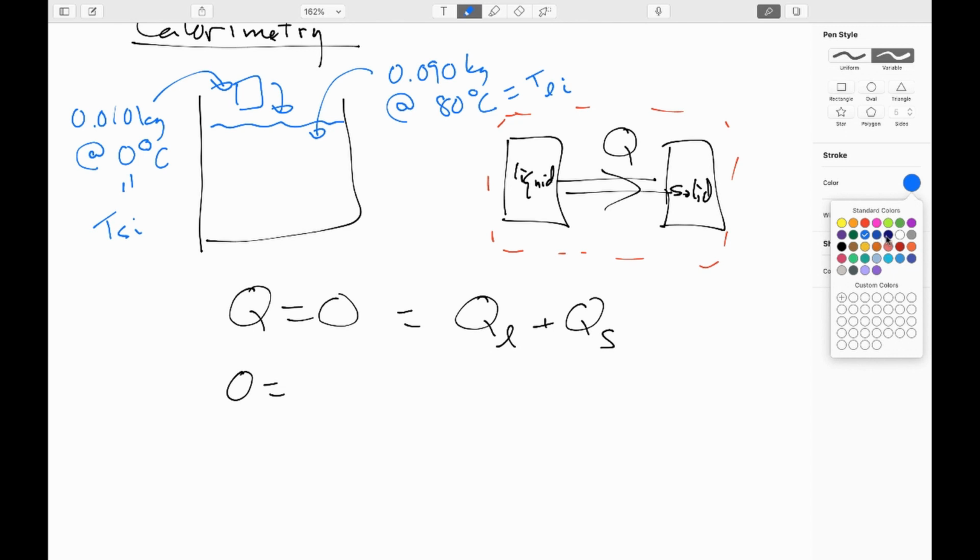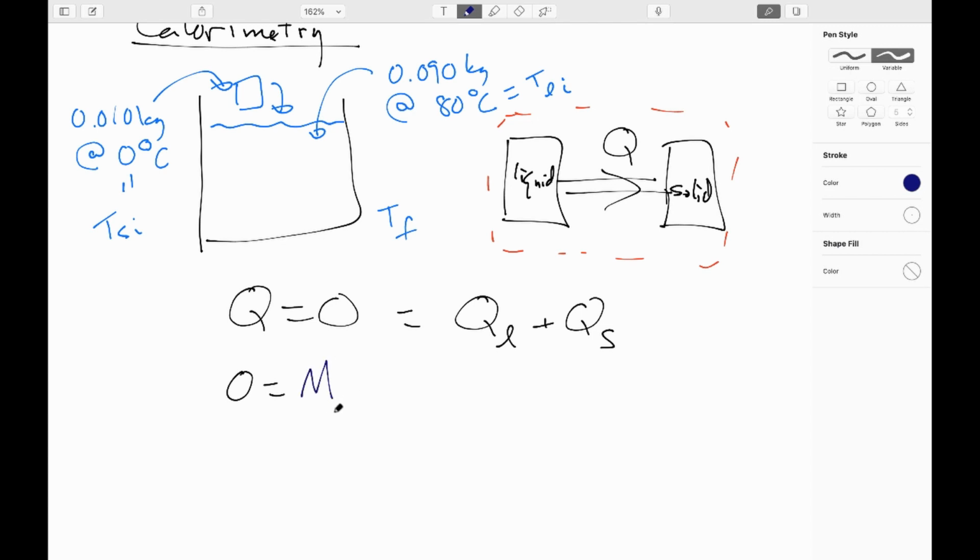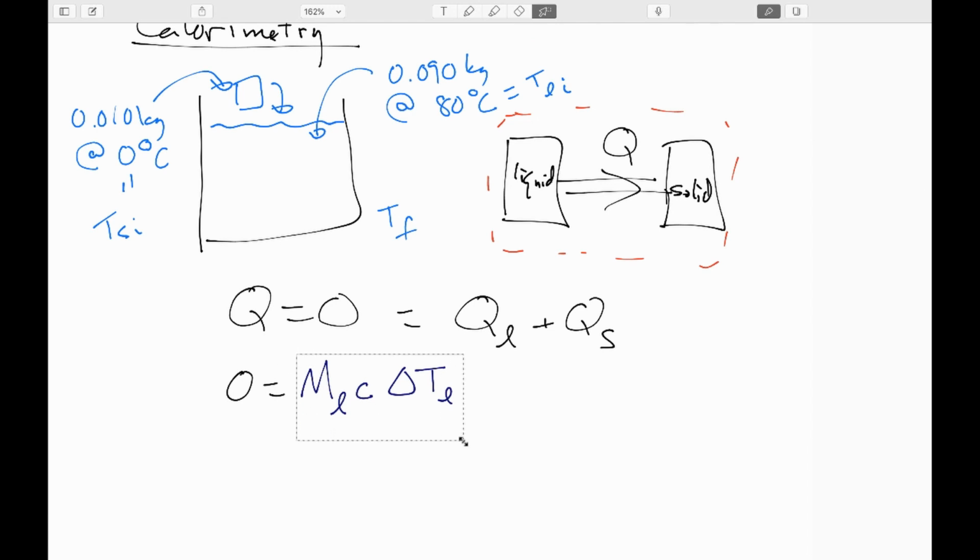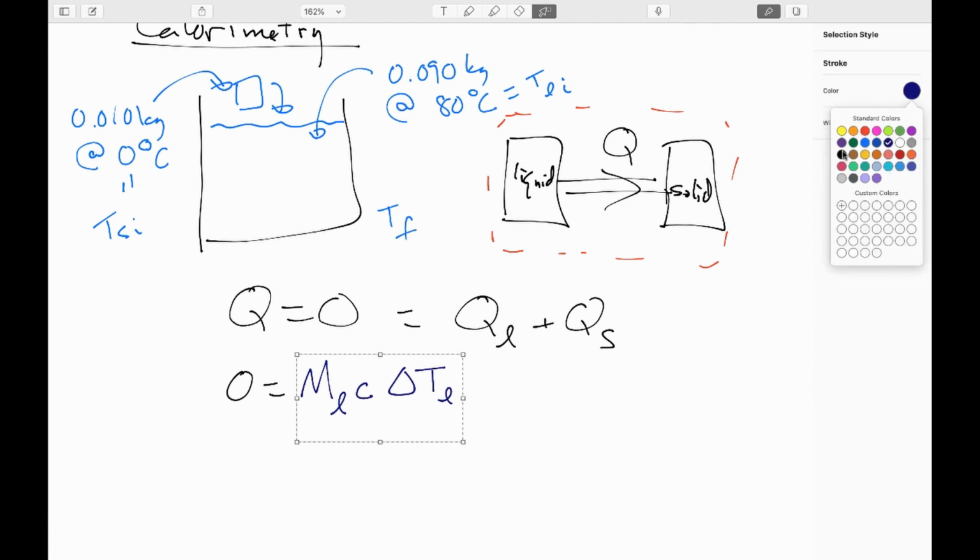And then eventually we're going to end up at some final temperature after everything's melted and mixed. So we can write this as the mass of the liquid times the specific heat of water times the change in the temperature of the liquid.